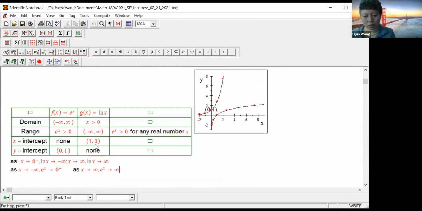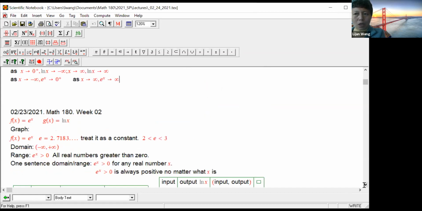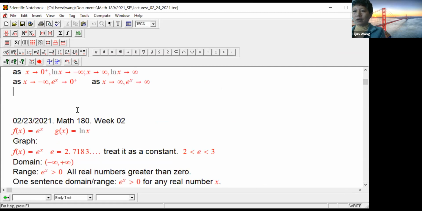For the next two functions, we're not going to spend time in class. That's yours, which is 10 to the power x and common log x. So the next basic function is 10 to the power x.